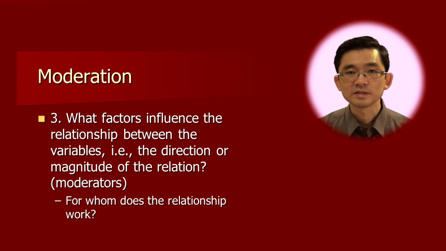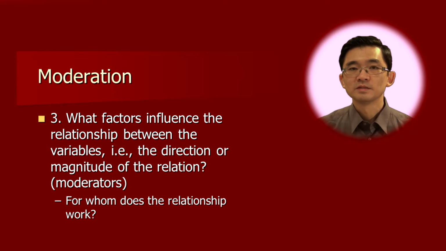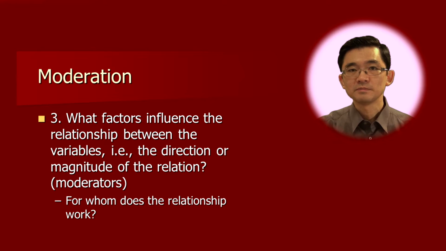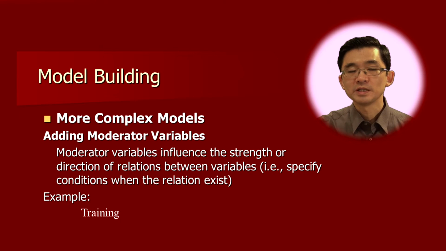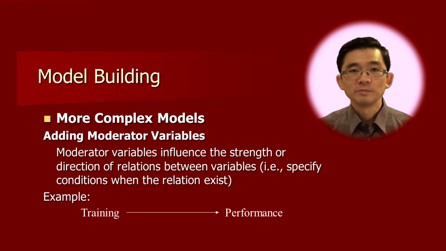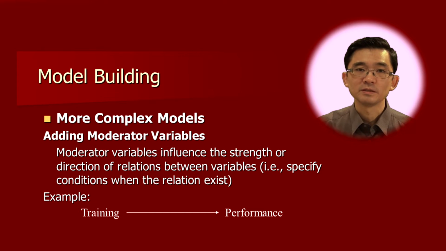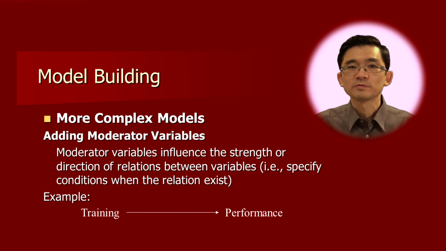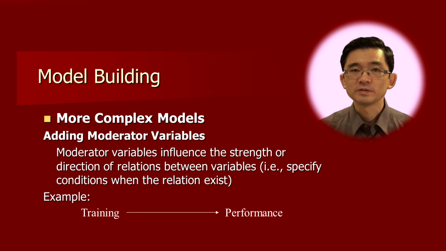So what factors influence the relationship between two variables? Let's take, for example, the same relationship between training and performance. We may find that sometimes when we train people, their performance improves. But other times we train people and their performance doesn't improve. So what could be the difference?